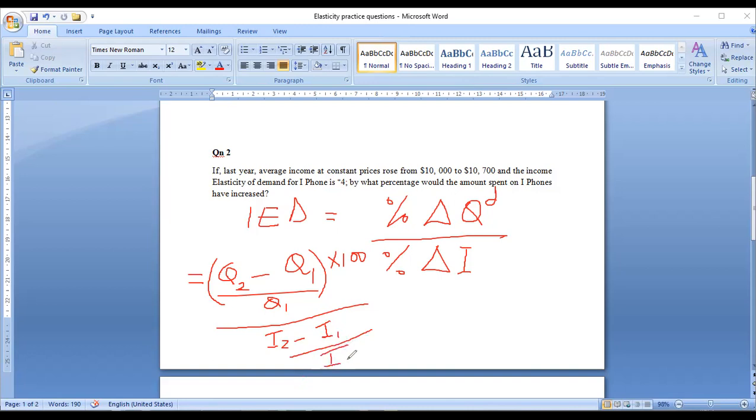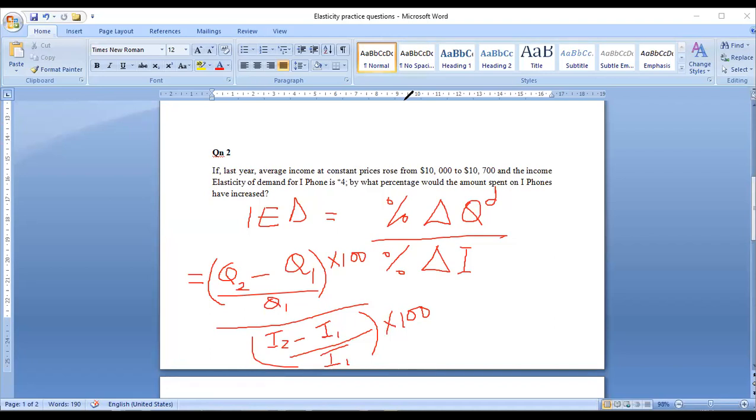So can we work this out? This one I'm not going to work for you. Who can tell us what Q1 is and what Q2 is? Someone tell us.